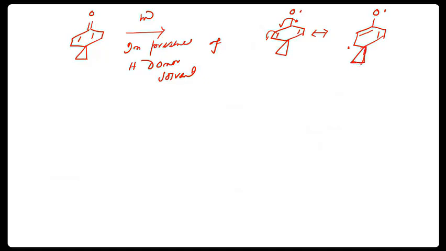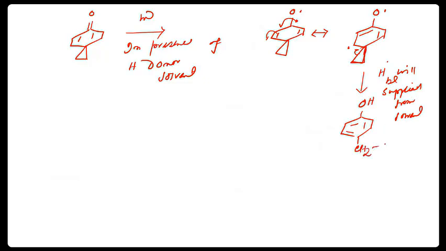Now this bond will delocalize, and the thing is going to be this, and this O as H dot will be supplied from solvent.